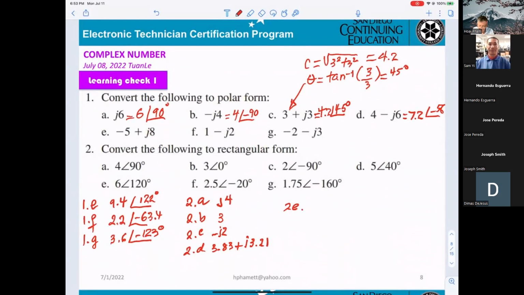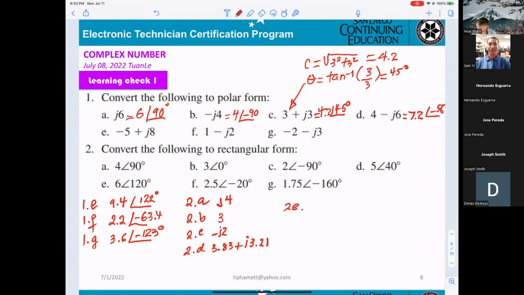Who gets E? Negative 3 plus j 5.2. Can you repeat again? Repeat for me.